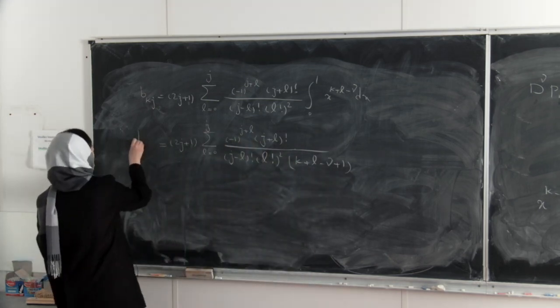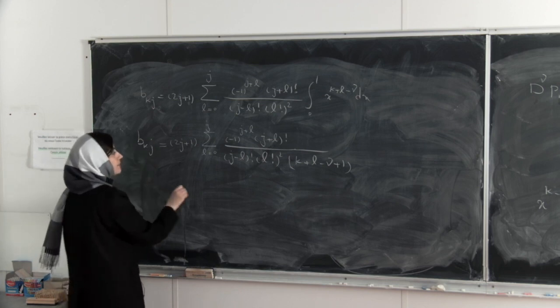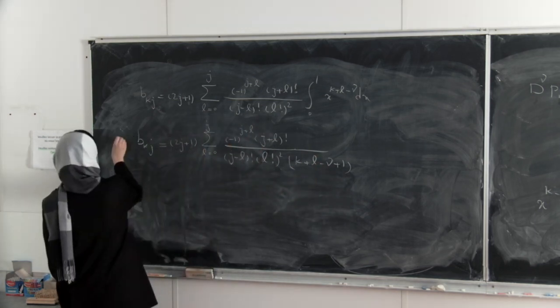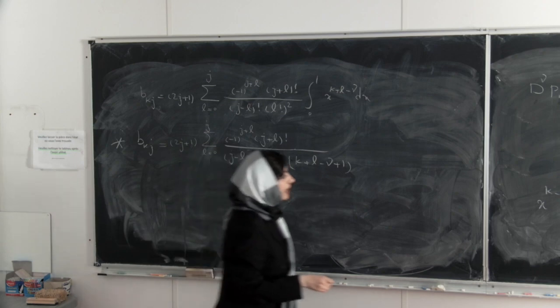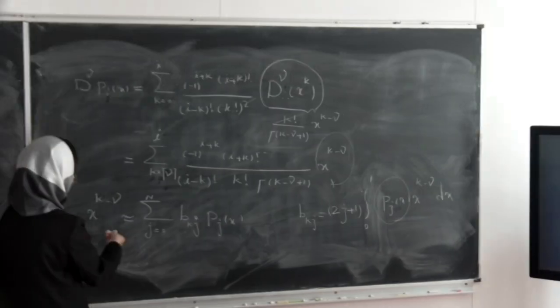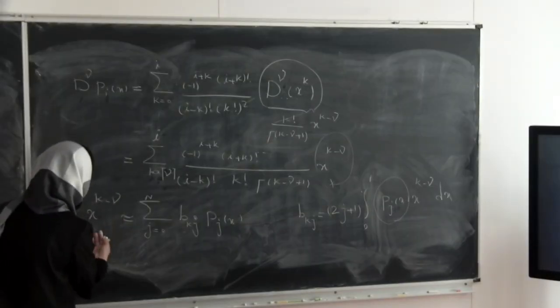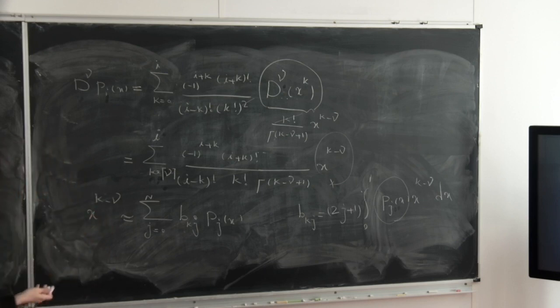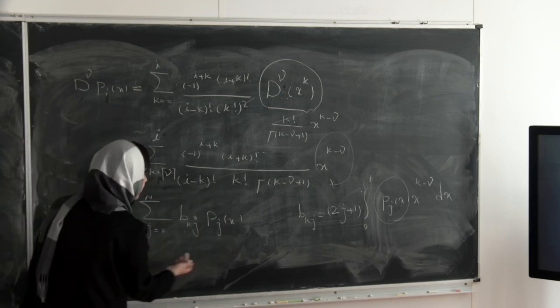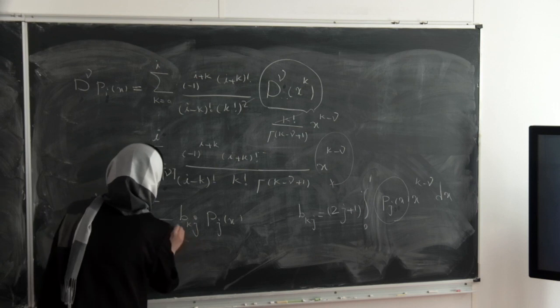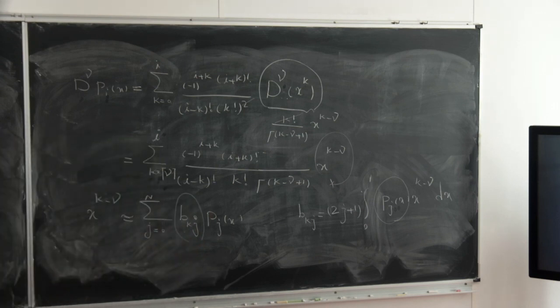So b k j is obtained like this, and here we want to approximate x to the k minus nu by using the Legendre polynomials. We find b k j from here.